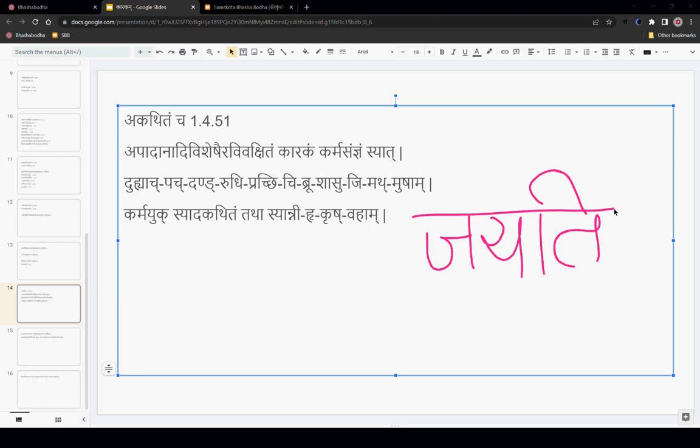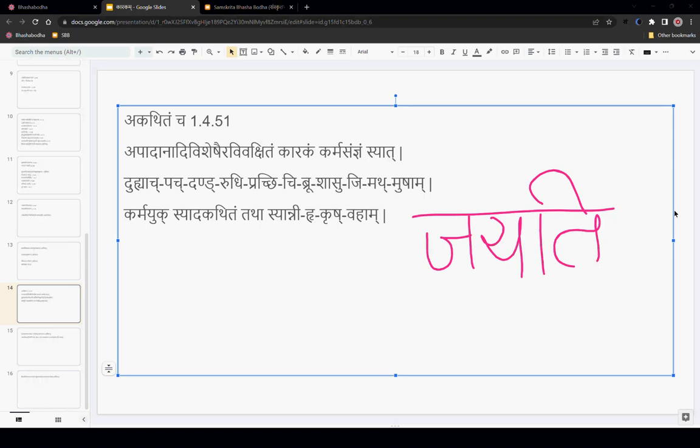So again, example. वाक्यस्य उदाहरणम्. पाण्डवाः महाभारतं जयति. पाण्डवाः युद्धं जयति. महाभारतं युद्धं जयति. महाभारते तान् जयति. पाण्डवाः युद्धं जयन्ति.